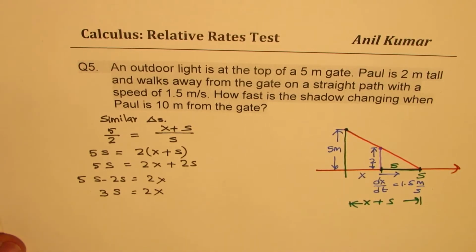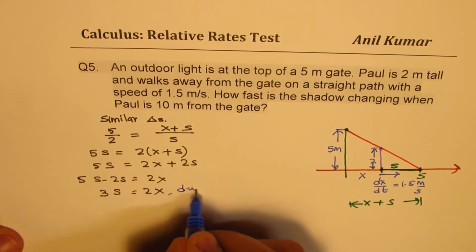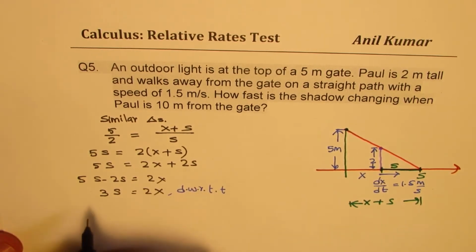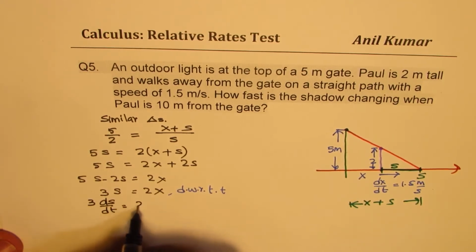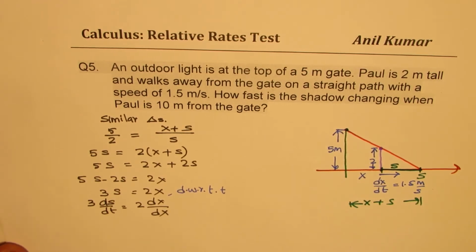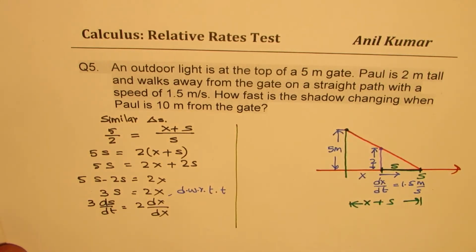2x. Now we can find the derivative of both sides with respect to time. So let's differentiate with respect to time. When you do that, you get 3 ds/dt equals 2 dx/dt. Correct. What are we given? We are given dx/dt. Since we are given dx/dt, we can easily find the rate of change of shadow length.